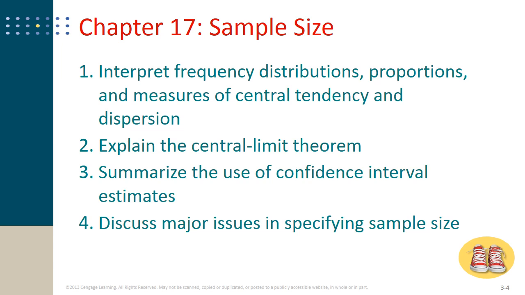We're going to talk about confidence intervals, and then cap that off by talking about the important issues we need to consider when deciding how many respondents I need to have for this survey, or how many days I have to test this new menu item in the field. What are some considerations around sample size that we need to keep in mind?